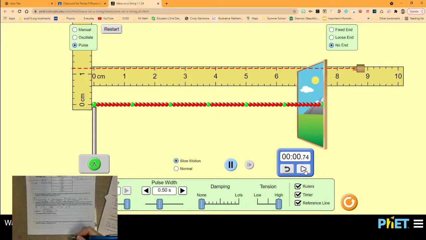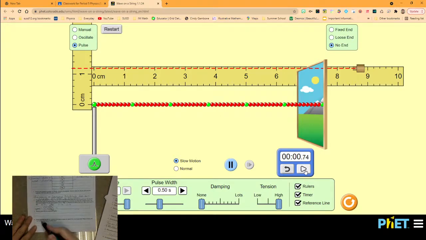And then you can use your calculator, do the math. When you divide 0.05 meters by 0.745 seconds, what speed did you get? And make sure you write the correct units. You have meters divided by seconds. So your units are meters per second.